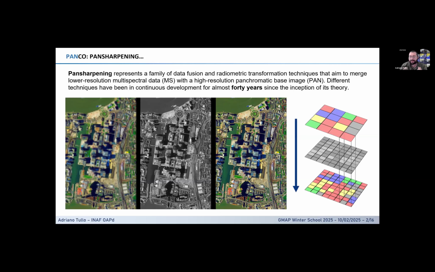What does it mean? That in the end, the pan-sharpening methods you use are aimed at giving you an image that you cannot have otherwise: an image with both high spectral and high spatial resolution.